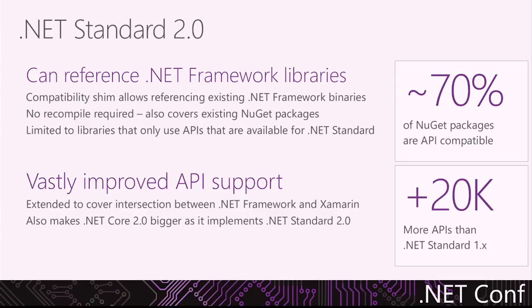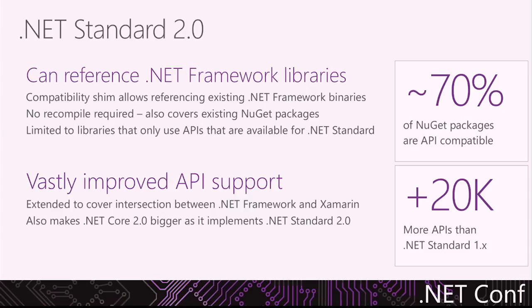So let's look at the 2 big investments that we've made for .NET Standard 2. When we started to think about designing .NET Standard 2, we went into the NuGet store and took a look at all the different libraries out there today and the different app models or flavors of the framework that were being targeted. And it was a fact that the majority of those libraries were targeting the .NET Framework.